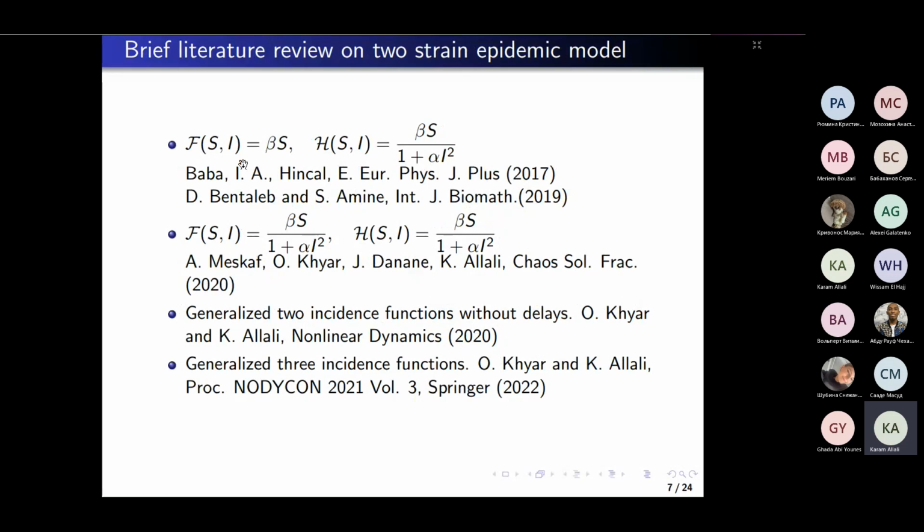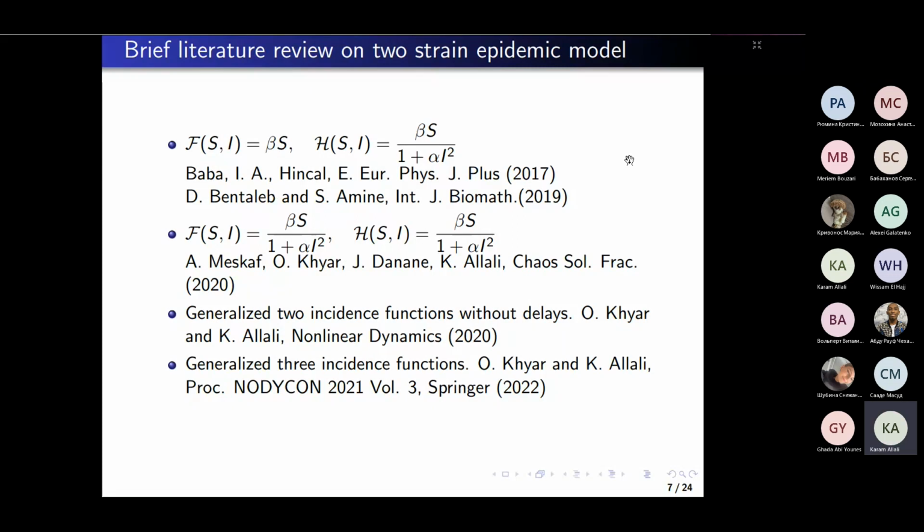Here is some literature about two streams. It was studied by Babahensel and Vintalov Amin, taking one bilinear. Why beta S?